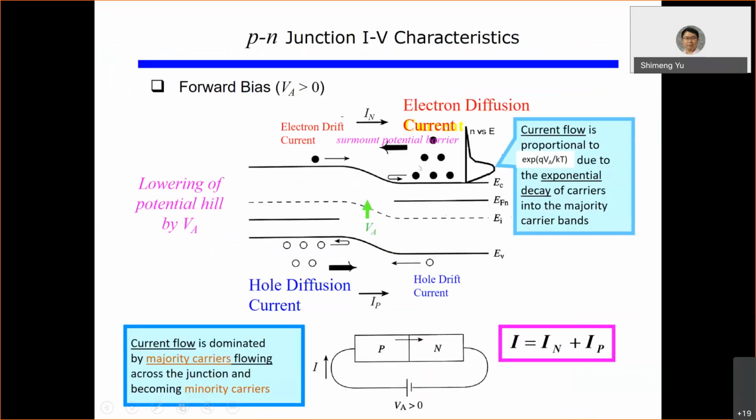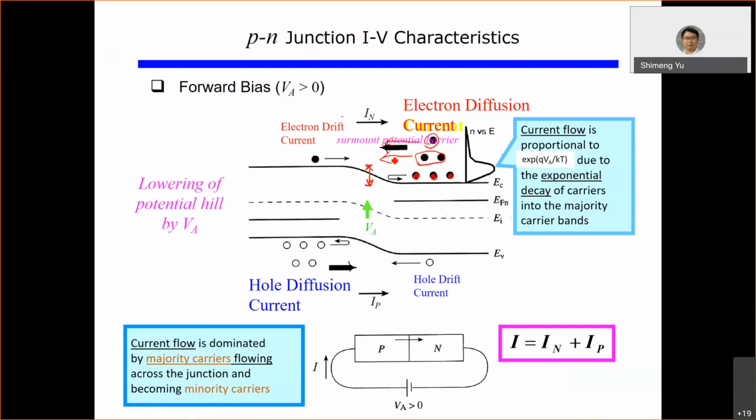Okay, so let's look at this schematic again. And this is the electron distribution in the N side. You have electrons more at the lower level. But now, since this barrier height is reduced, you have more electrons that can move over.